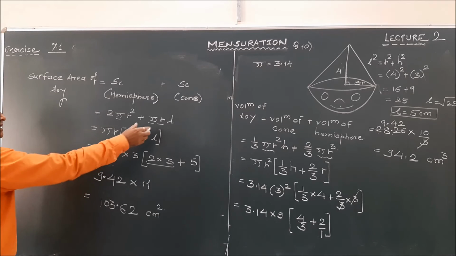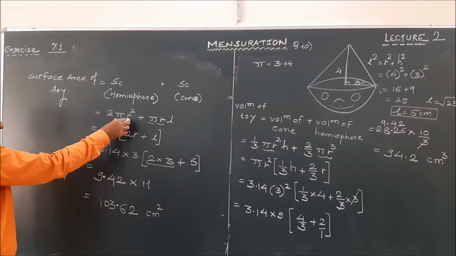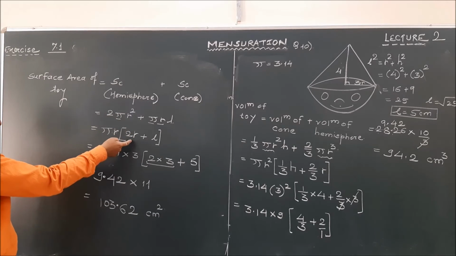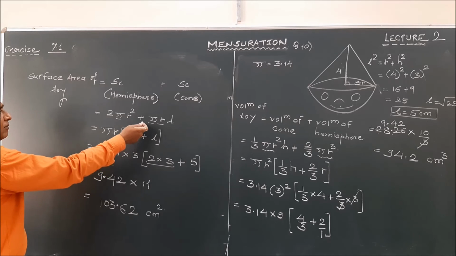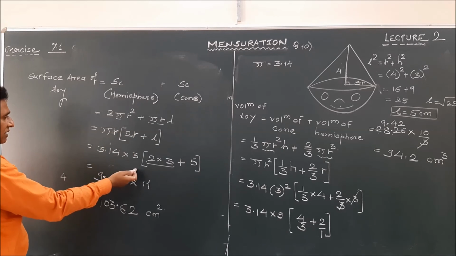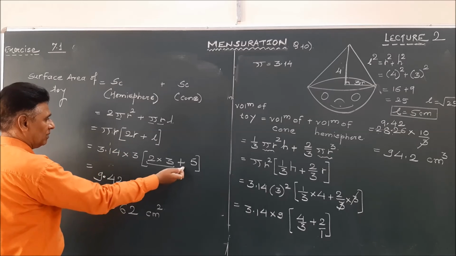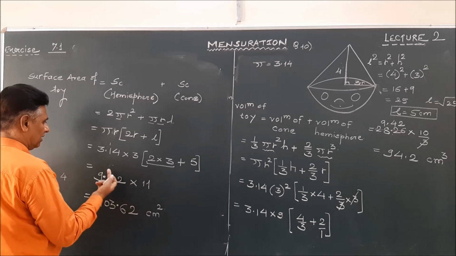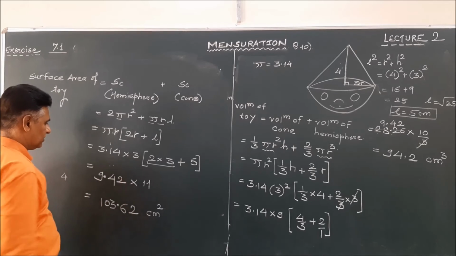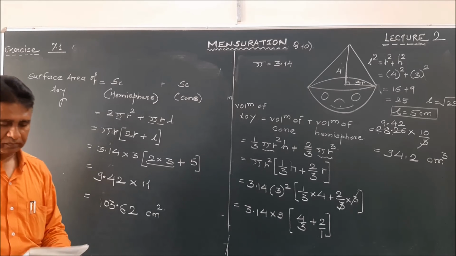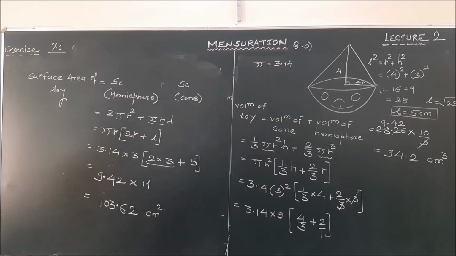Taking pi r common, 2 is left out, r square, one of the r is out, so we leave r. Plus pi r is out, l, pi 3.14, radius 3 twos are 6 plus 5. BODMAS rule, right? 6 plus 5, 11. Multiplication of these two is 9.42. So the final answer is 103.62.